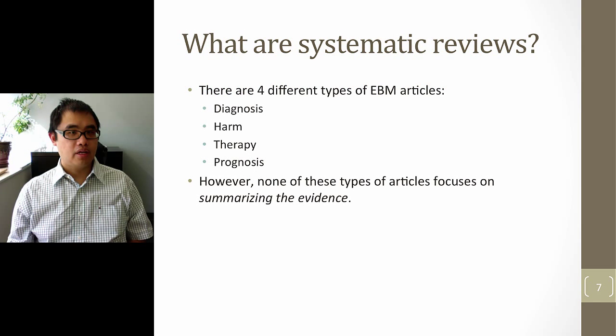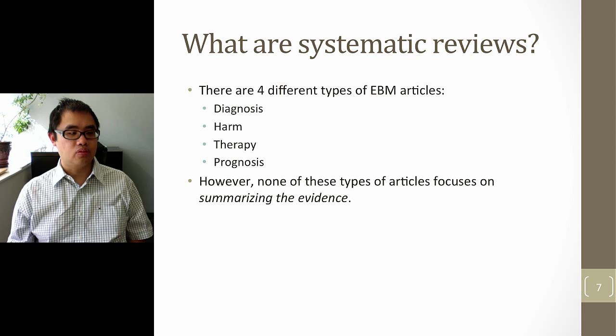So this is a systematic review. So what are systematic reviews? Well, as you probably know, there are 4 different types of evidence-based medicine articles. So there are articles focusing on diagnosis, which look at sensitivity, specificity, positive and negative predictive values. Harm, so these are typically cohort studies or case control studies.